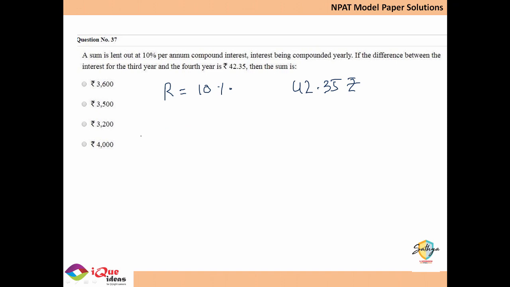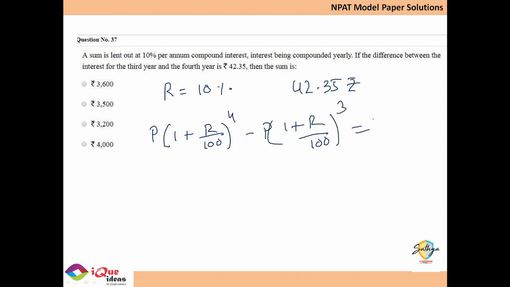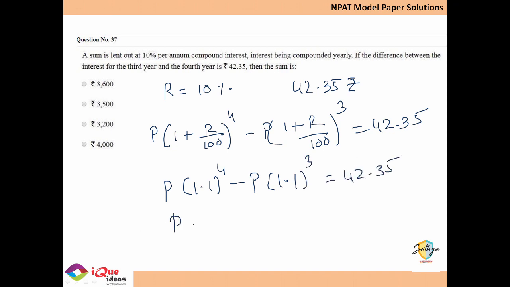So the difference of the interests, I can say P into (1 plus R by 100) raised to 4 minus P into (1 plus R by 100) cube is equal to 42.35. So P into 1.1 raised to 4 minus P into 1.1 cube is equal to 42.35. So the value of the principal is 42.35 upon (1.1 raised to 4 minus 1.1 raised to 3).